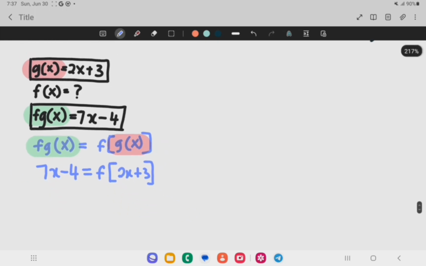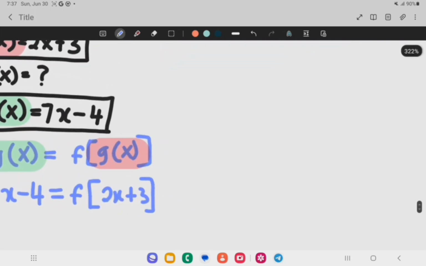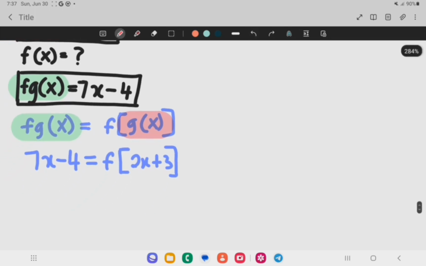Here, don't get stuck. You cannot expand this, because this is not a times relation. Again, it's a function, so you cannot expand it, and also you cannot move this over because again it's a function, not a times relation.